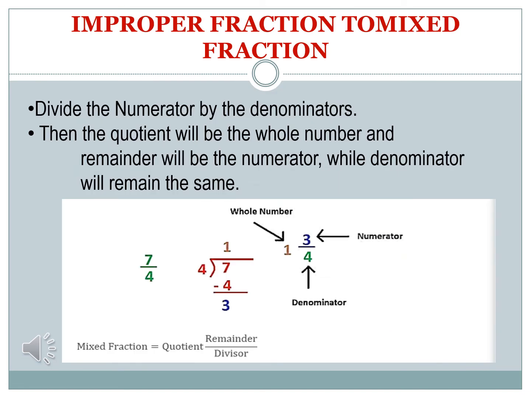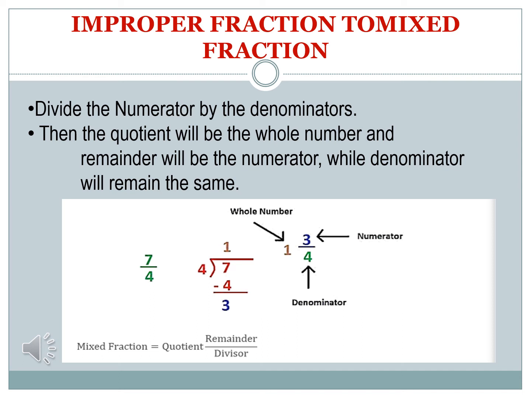Now let us try upon the same example. We shall be converting this improper fraction into the mixed fraction again. So we have 7/4 here. Now what to be done is divide the numerator by the denominator. So 7 becomes the dividend and 4 becomes the divisor.